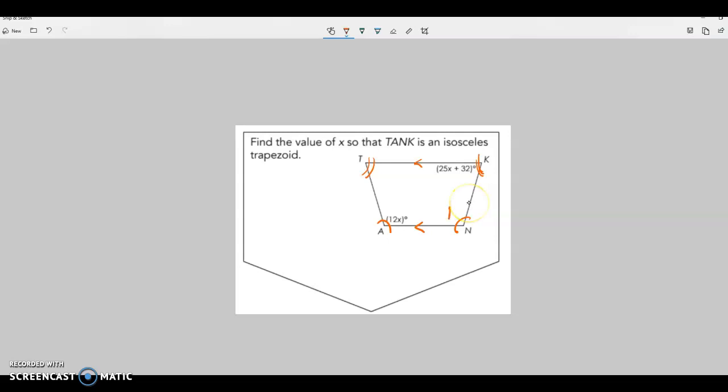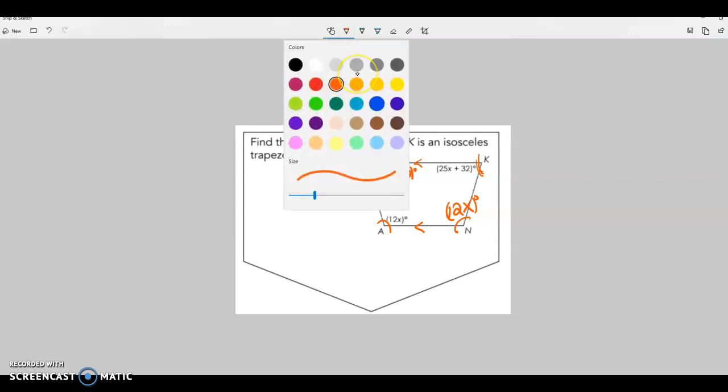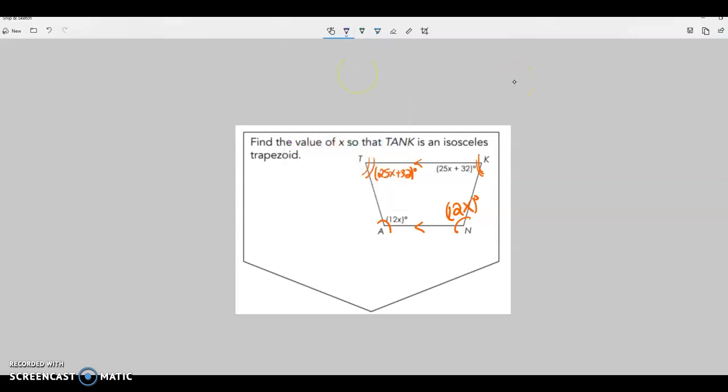So we would need N to be 12x degrees as well. We would need T to be 25x plus 32 degrees. Okay. So with all that being said, you could do this a couple ways.